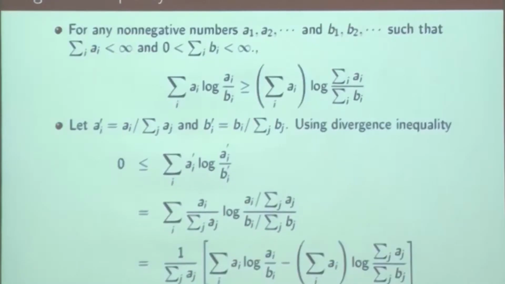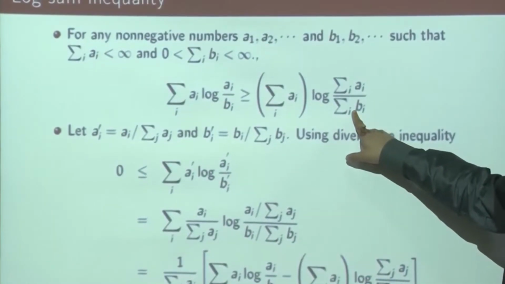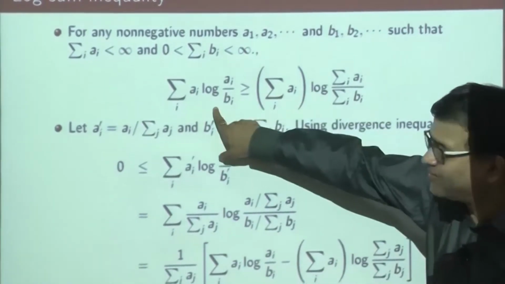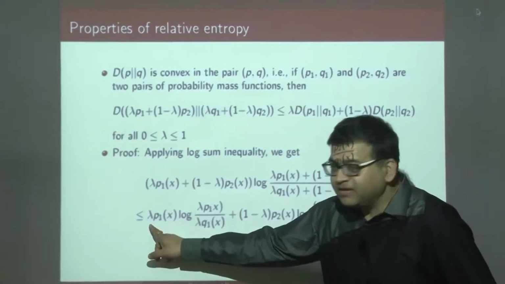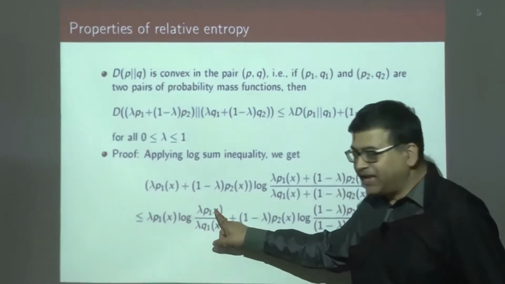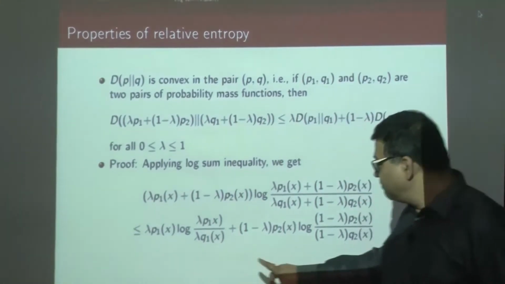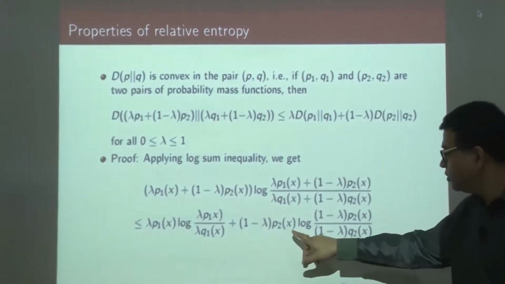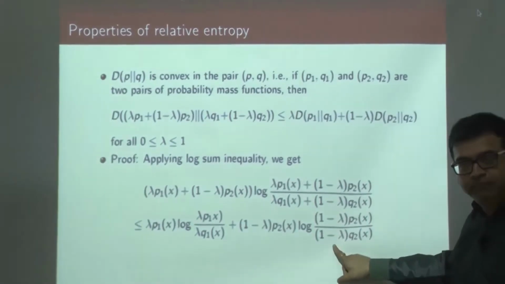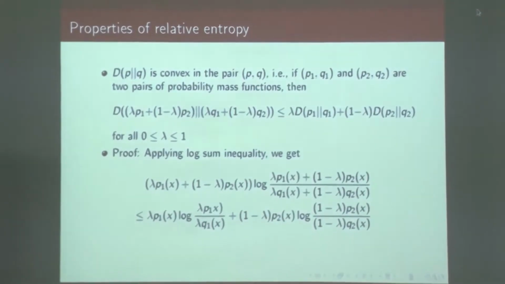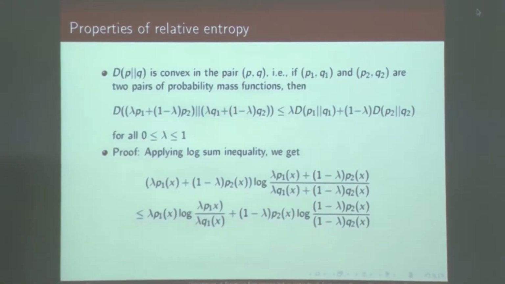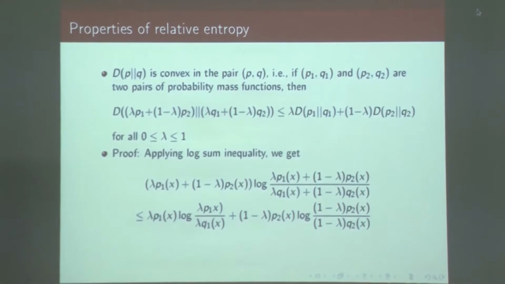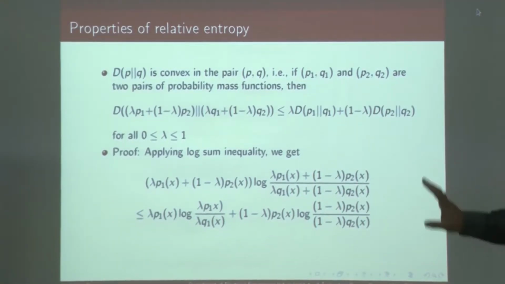So this is my right hand side here. Are you guys with me? Now this has to be less than a1 log a1 by b1 plus a2 log a2 by b2, which I get by applying the log sum inequality. Now let us sum this over all possible values of x.